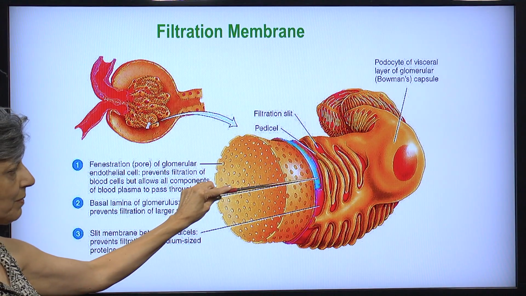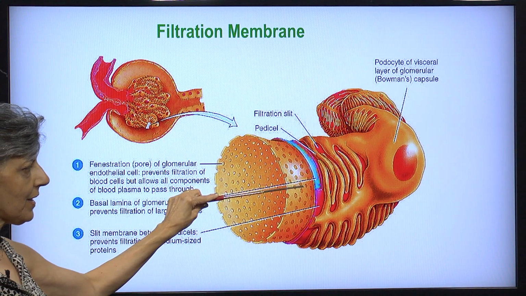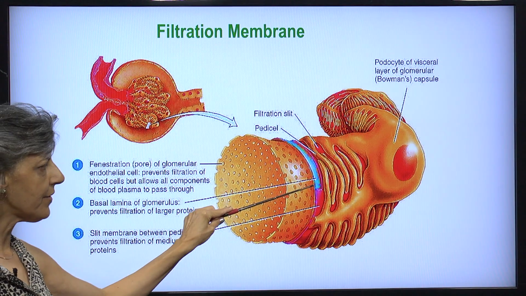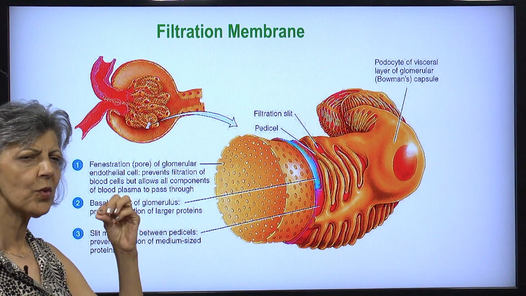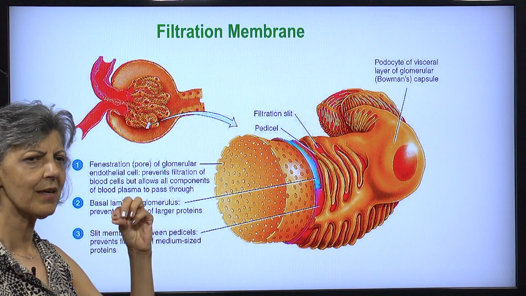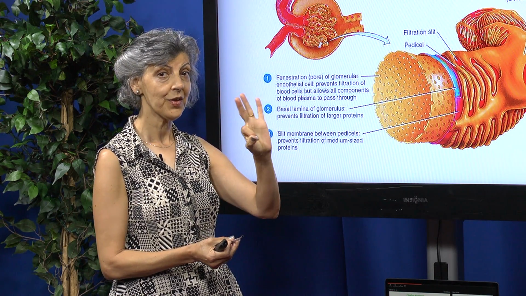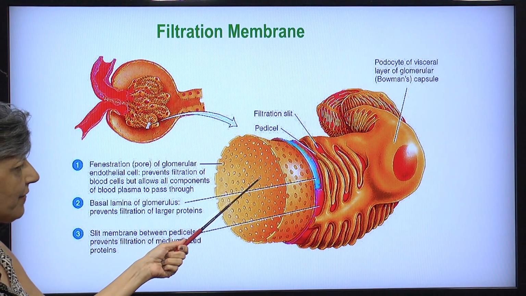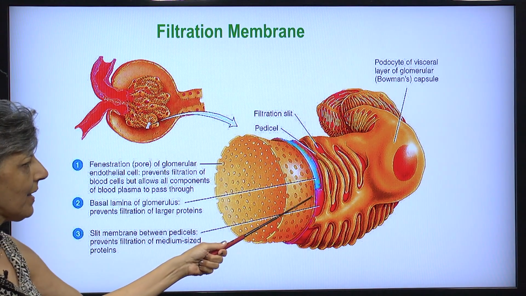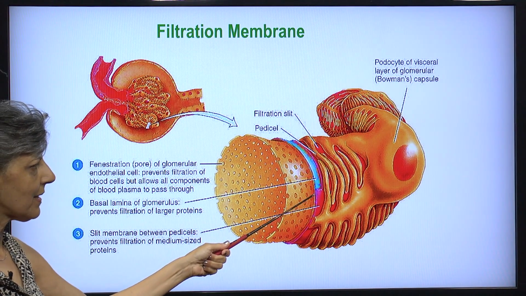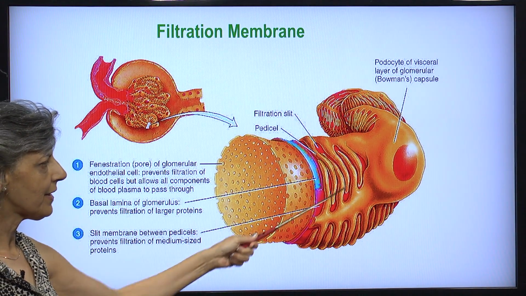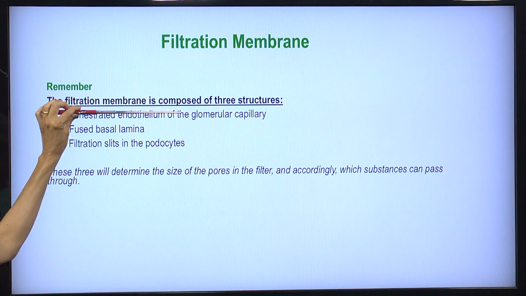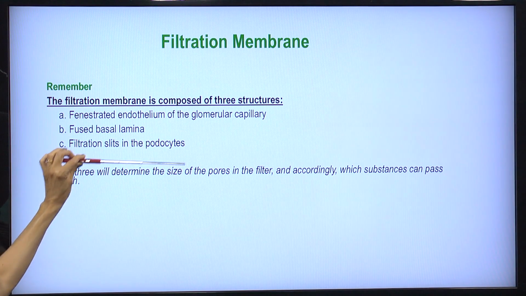So the basement membrane of the endothelial capillary, the basement membrane of the podocyte, these two basement membranes will fuse together and make a very thin membrane. So now we have three layers that make up the filtration membrane: the fenestrated endothelium, the fused double basal lamina, and the filtration slits. So as a reminder, these are the three structures that make up the filtration membrane.